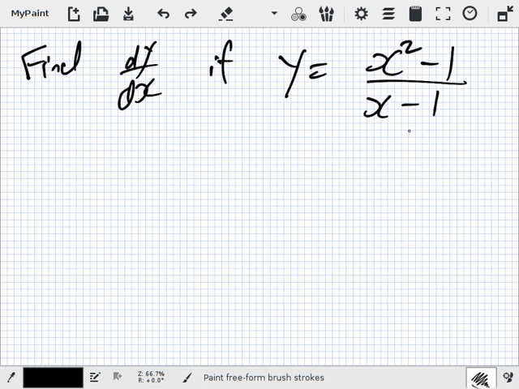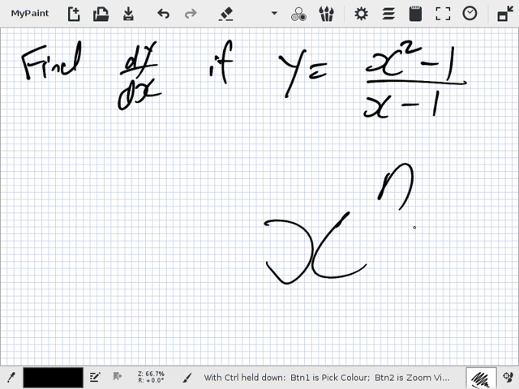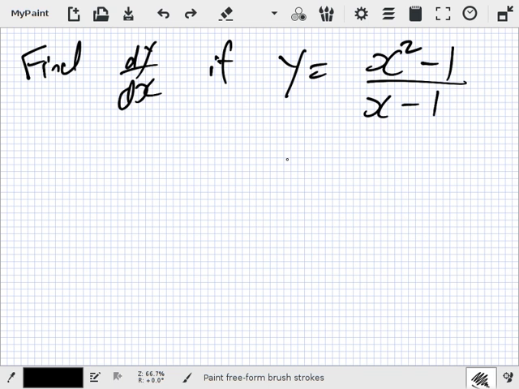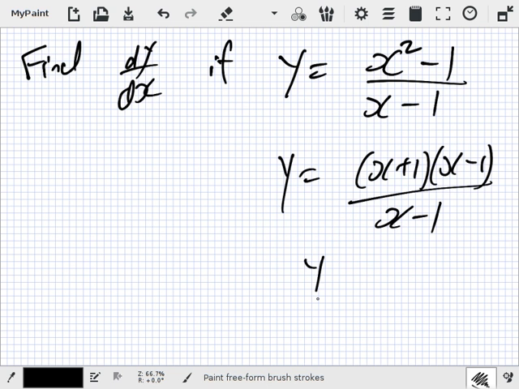If you look at my list of 8 rules, none of them were for fractions. The only rule I gave you was for this, which is actually not quite what you have here. So you have to simplify it first. The way you simplify it is you change the top into this. So it becomes this. And now the derivative is 1.